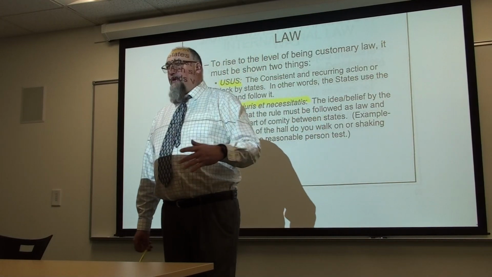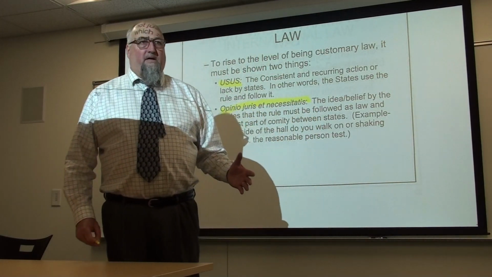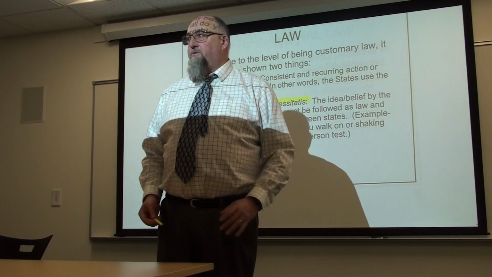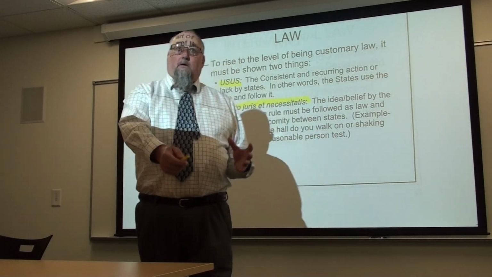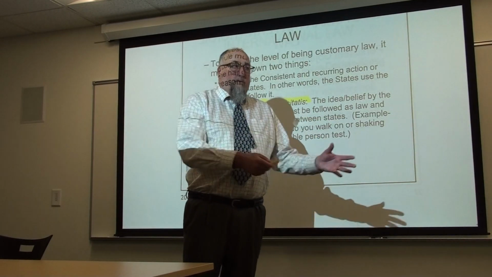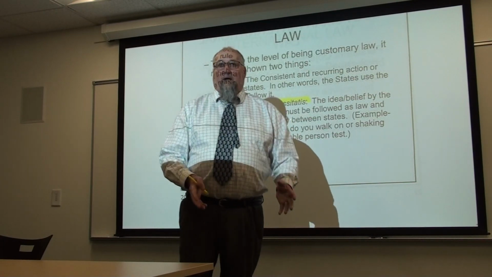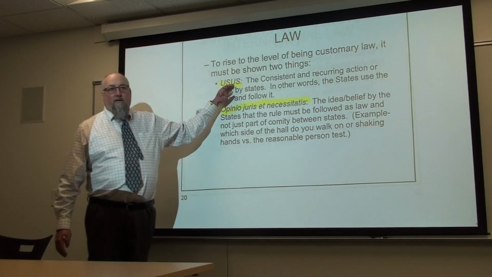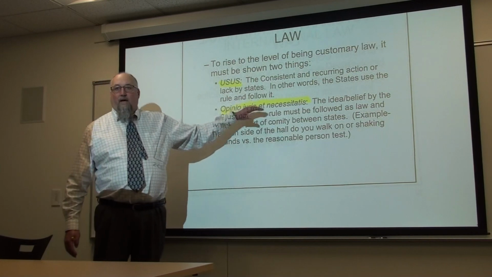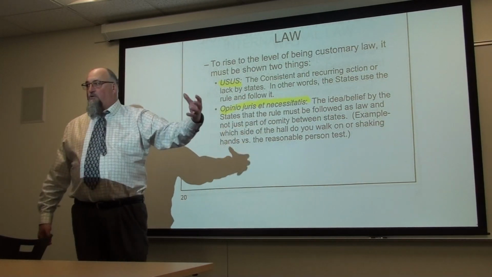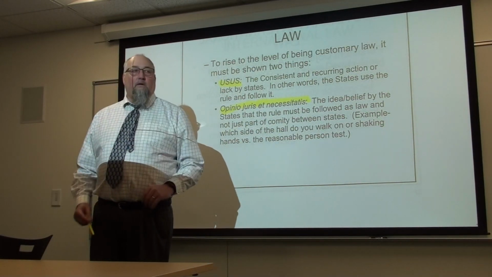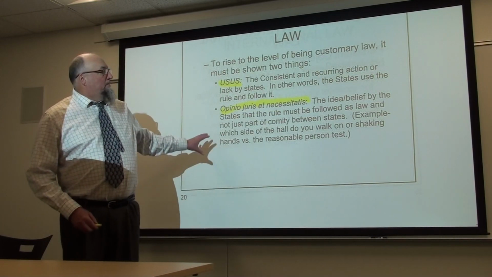But in fact, they don't enforce that 200-mile limit. They only enforce out to maybe 3 miles. So they can say, we say we have a 200-mile limit, but in reality, they're not using that, nor are they acting in a way that shows that they believe that is truly customary law.